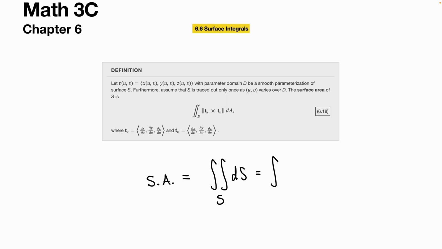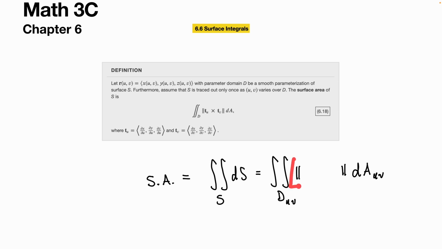And then to actually compute that out, we can look at the domain D, the parameter domain. And so that would be given in some U's and V's, where we take the area differential in that UV plane, so that's just regular length times width.